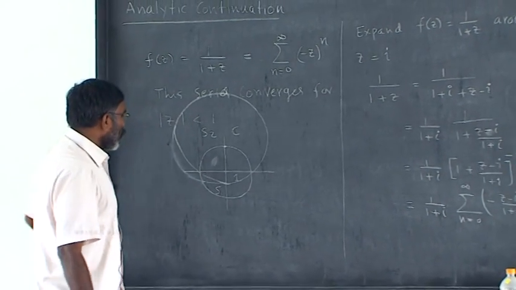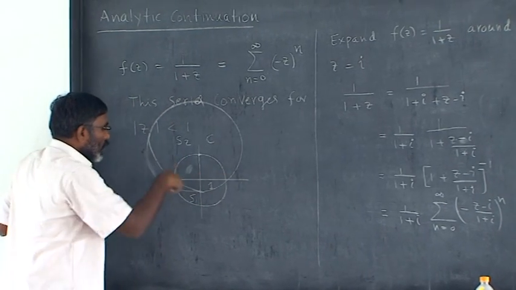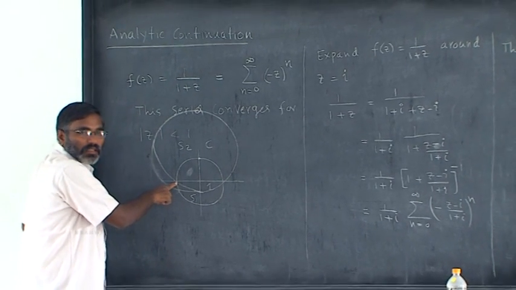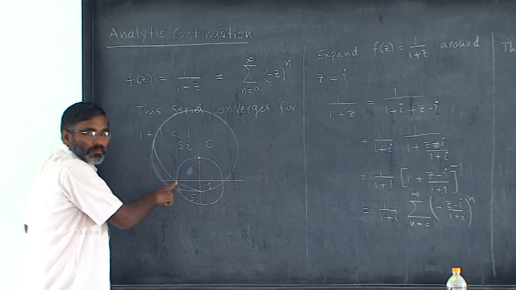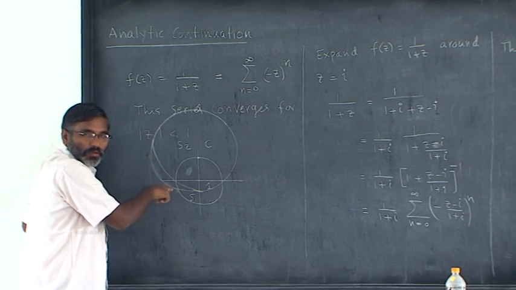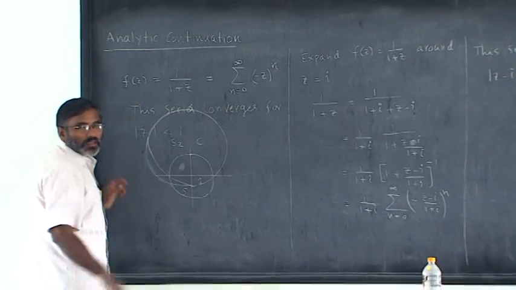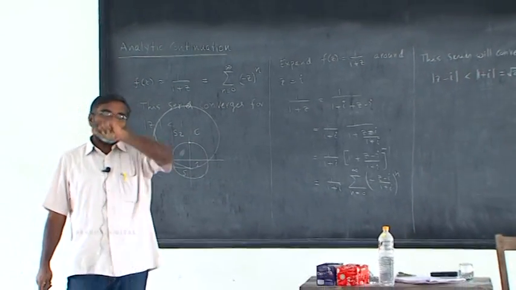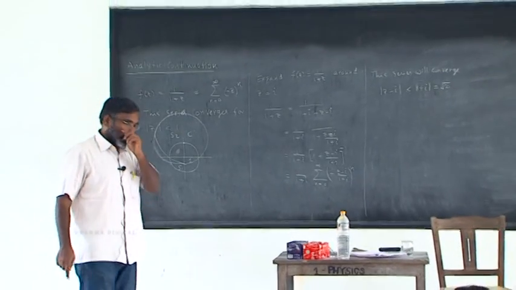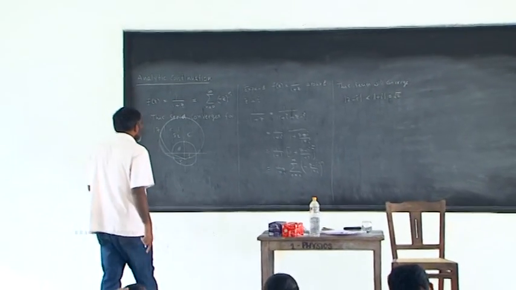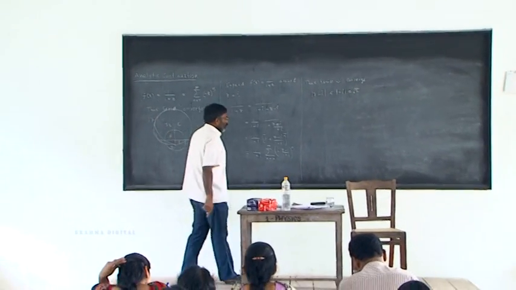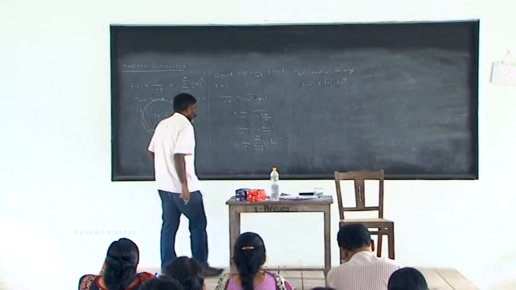But one thing that you can notice is that all your circles will actually intersect at the pole. Minus 1 is the pole, so whatever circle you write, this minus 1 will be on the contour. So this is what is called the analytic continuation.